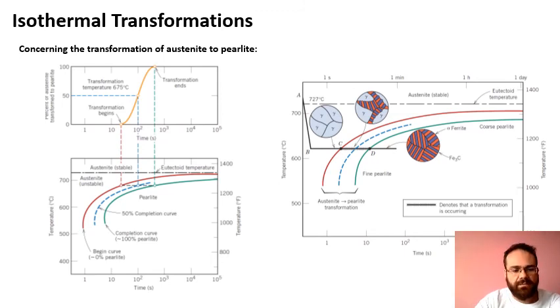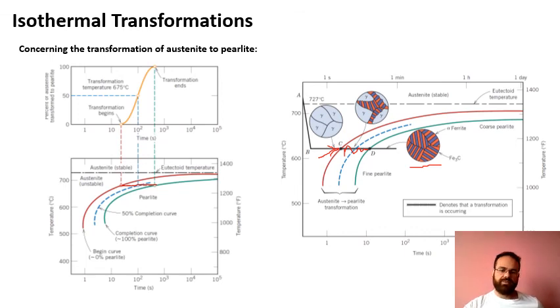If we take the isothermal transformation diagram, or the TTT diagram, the time temperature transformation diagram for a eutectoid steel, for example, we can see that along a given temperature, the transformation takes place by this JMAK equation kinetics. What is happening here is that, for example, at point C, we have only austenite grains. Gradually, as we move along this line, pearlite colonies start developing at the austenite grain boundaries until we have a completely pearlitic structure. So this is it for this lecture.